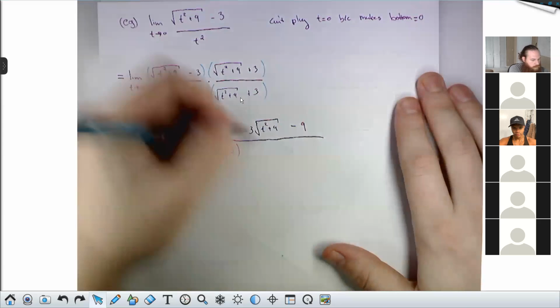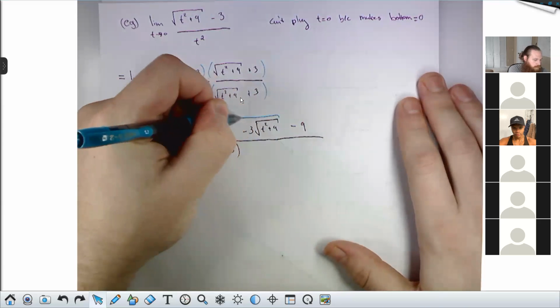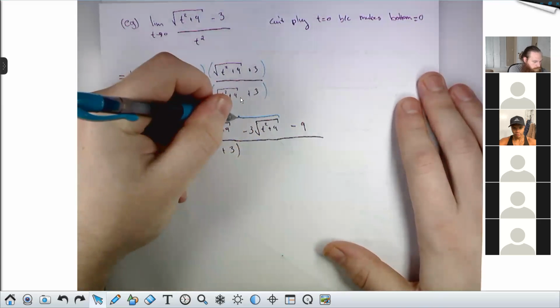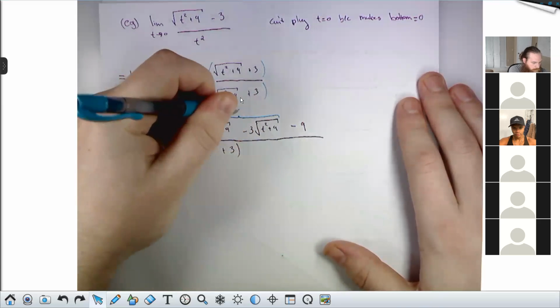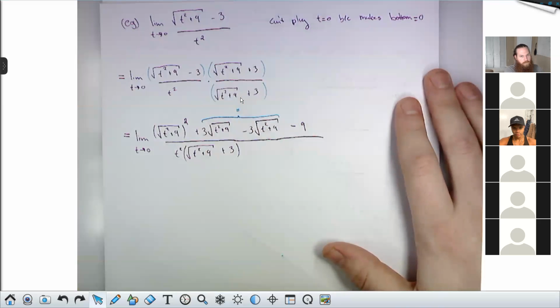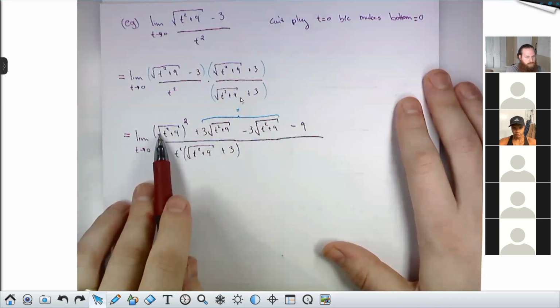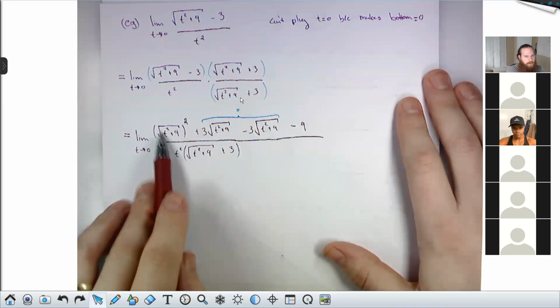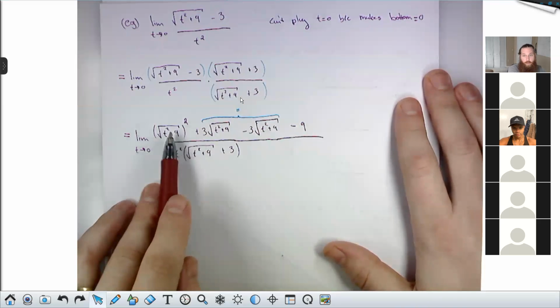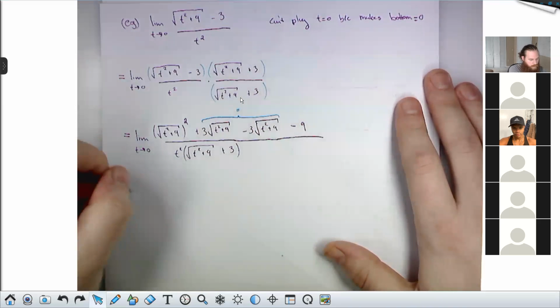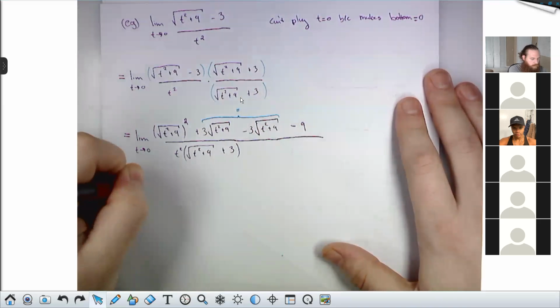Notice that the middle two terms add up to 0. That's dope. And now I do have the square of that square root. That piece that we wanted so badly does show up here. That gets rid of my square root.